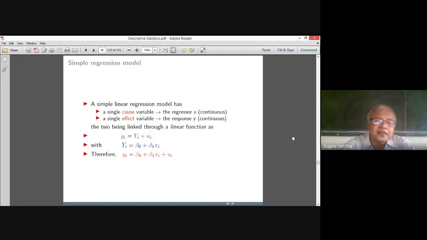And capital Y, if I go back to this here, what I say is that I have a line, I know that there is a specific relationship between height and weight. This relationship is given by capital Y_i, which is the weight, and x is the height.